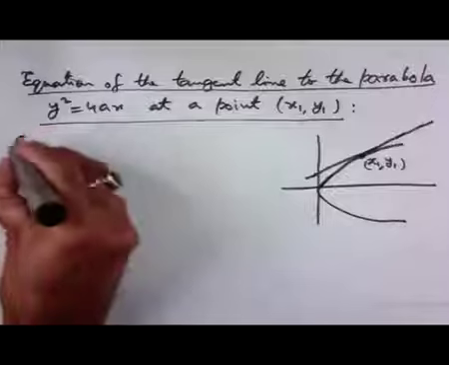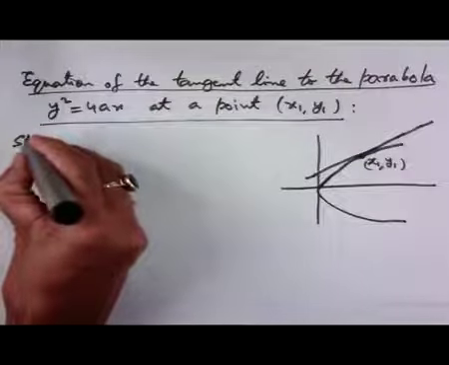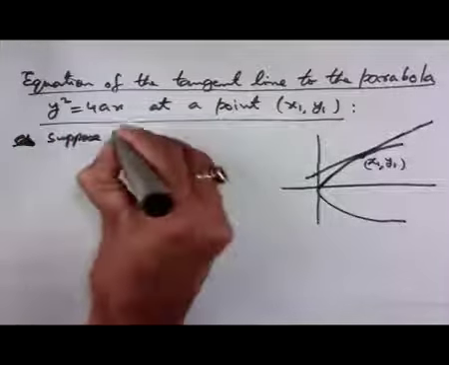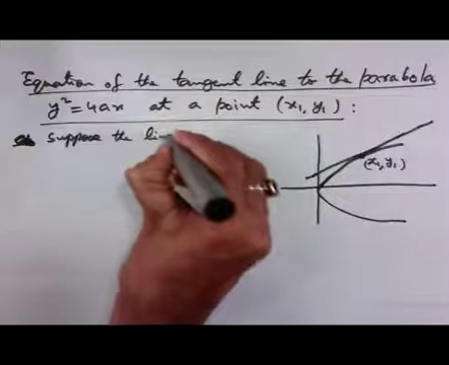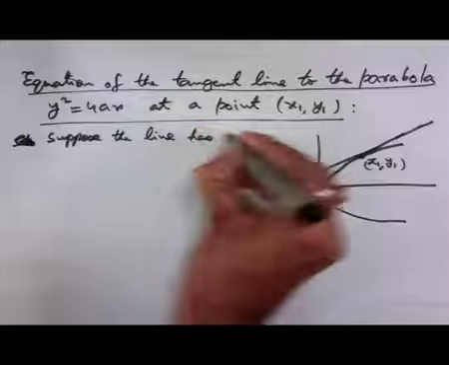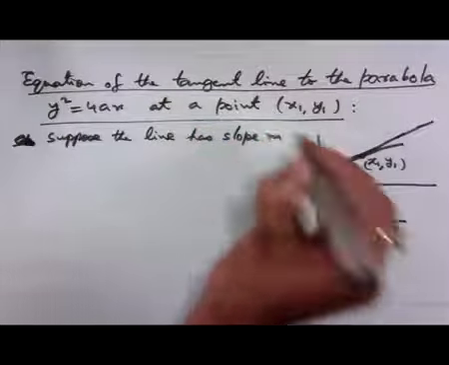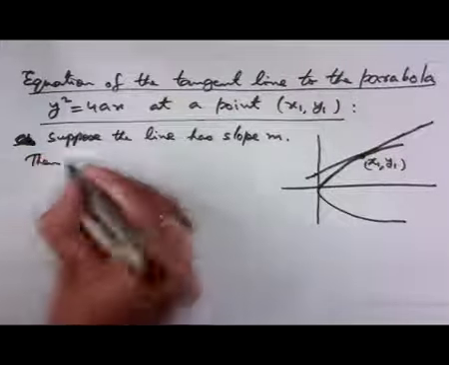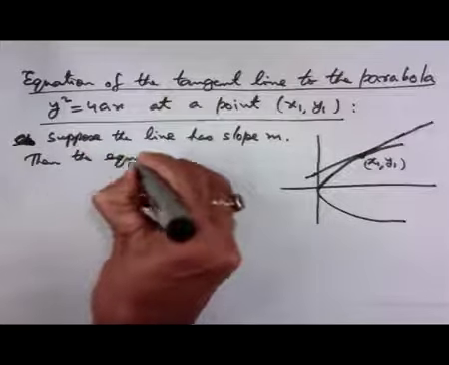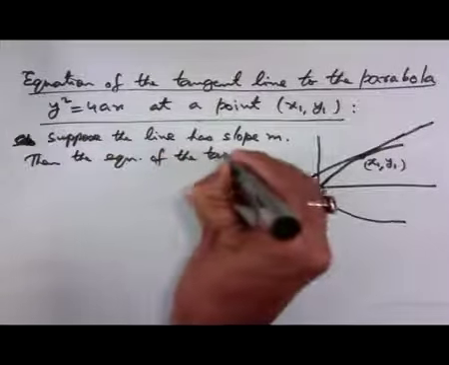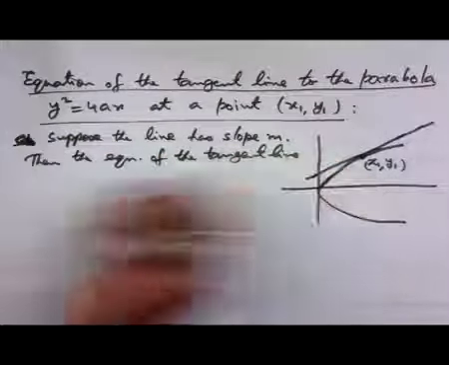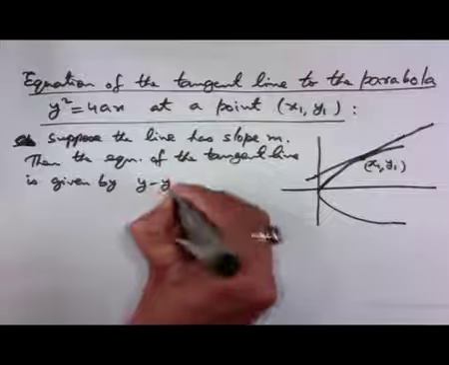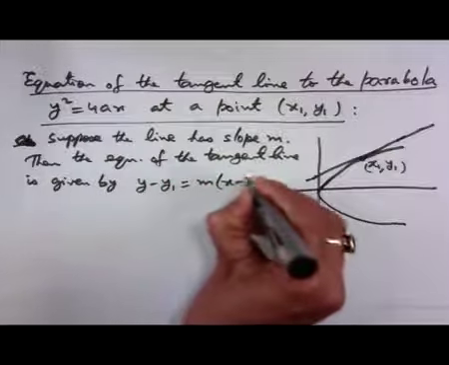So, suppose the line has slope m, then the equation of the tangent line is given by y minus y 1 equal to m times x minus x 1.